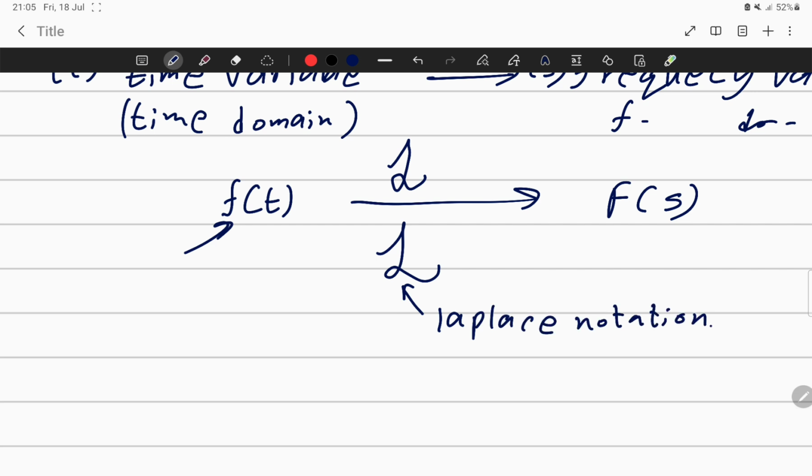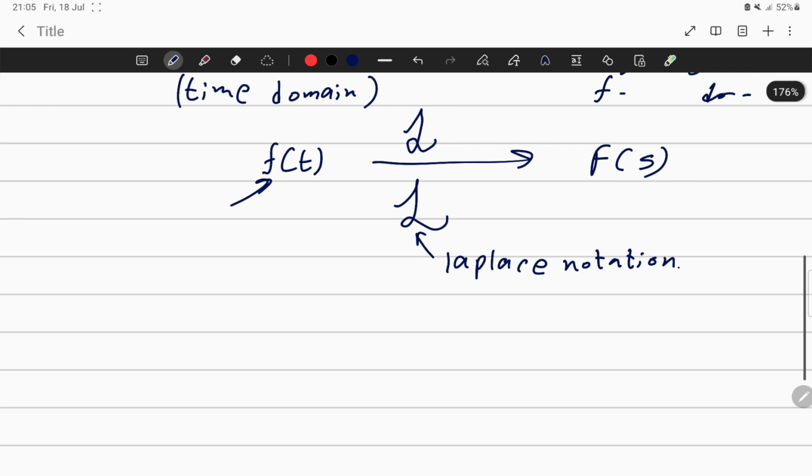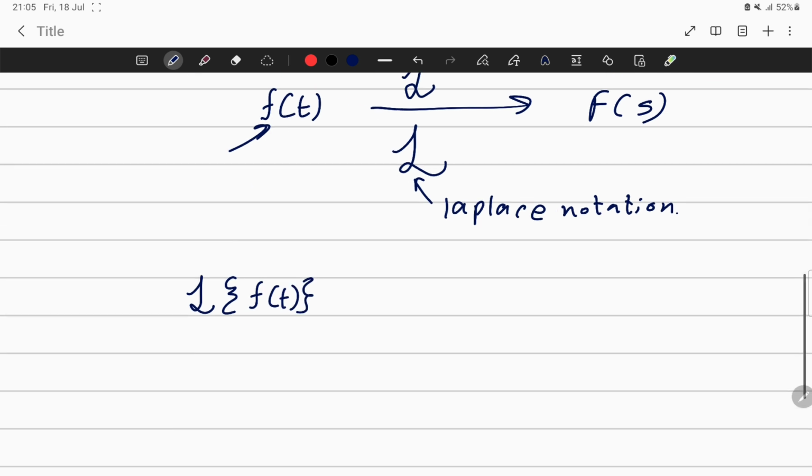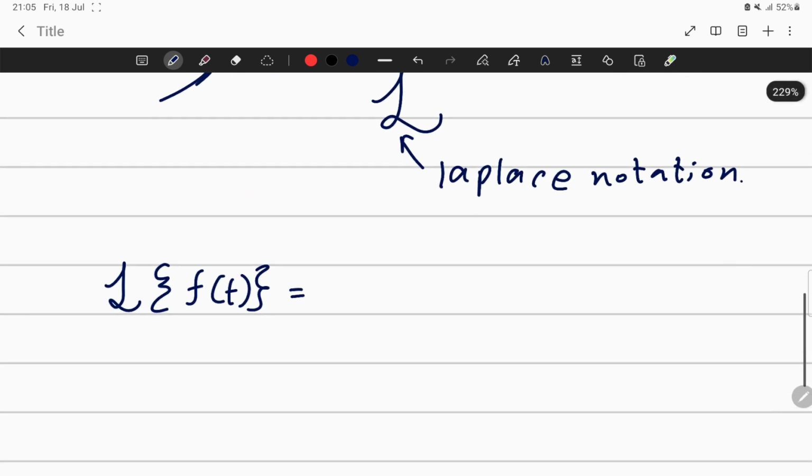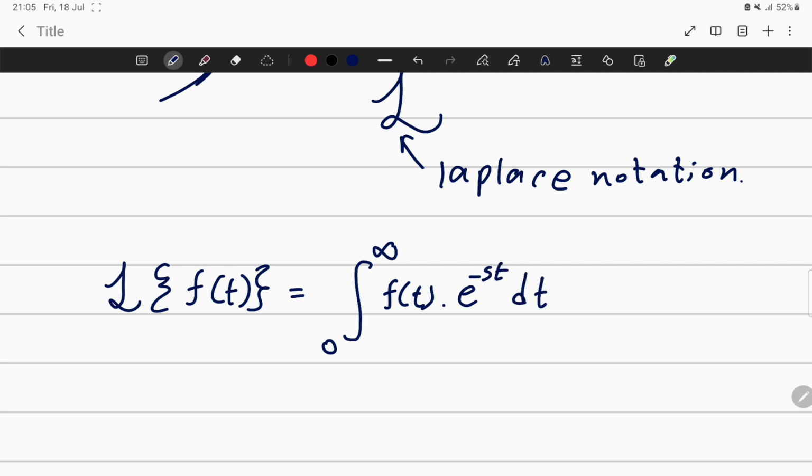So let's write the definition of Laplace. The Laplace transformation of f(t) is the integral from 0 to infinity of f(t) multiplied by e to the minus st, and then I integrate with respect to dt.